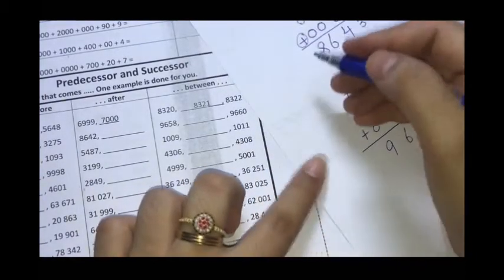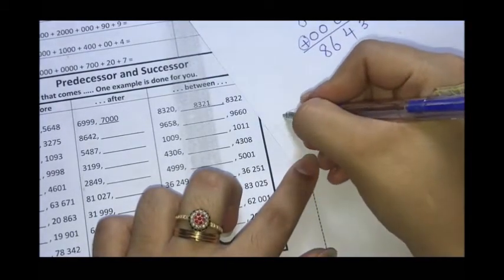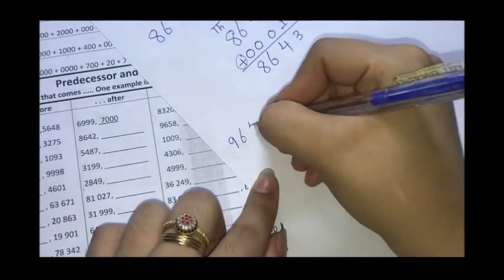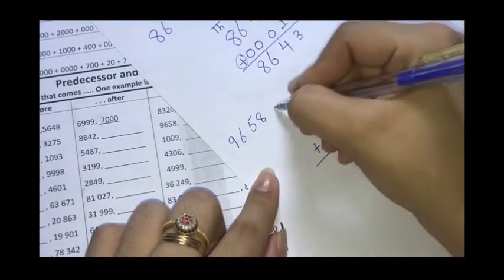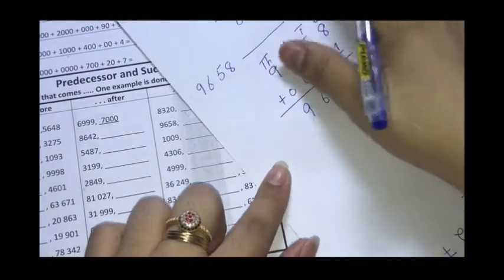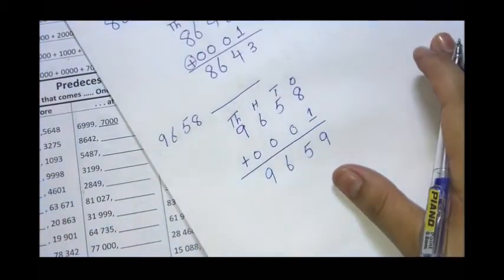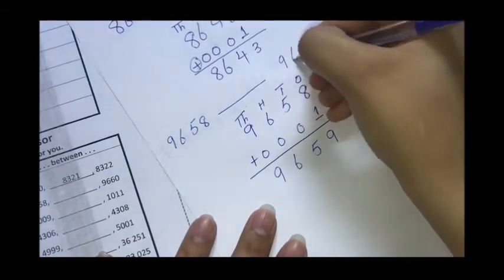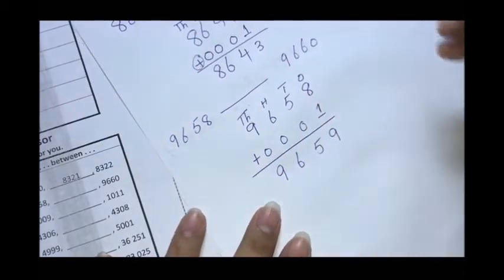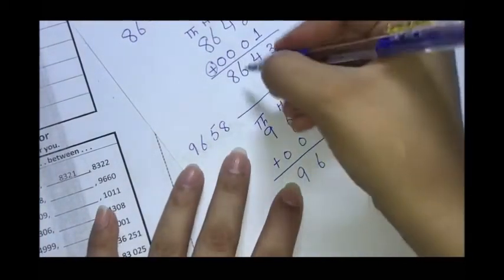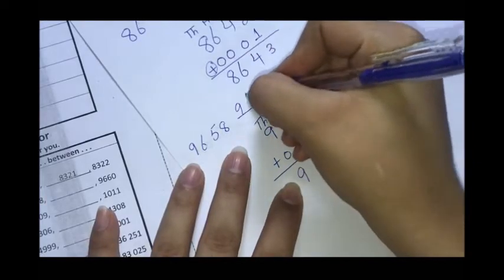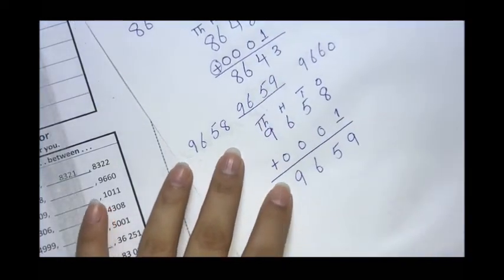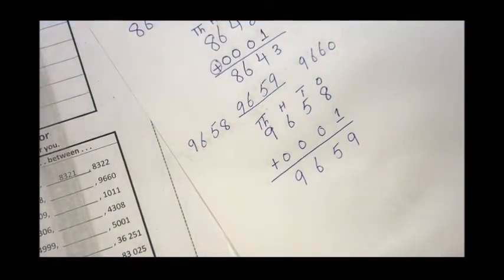So the number that comes between 9,658 and 9,660 is 9,659. Hope you have understood.